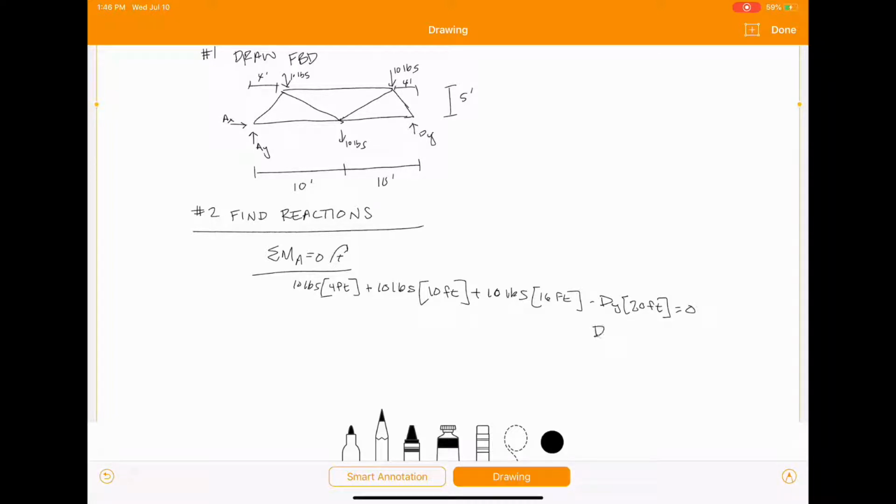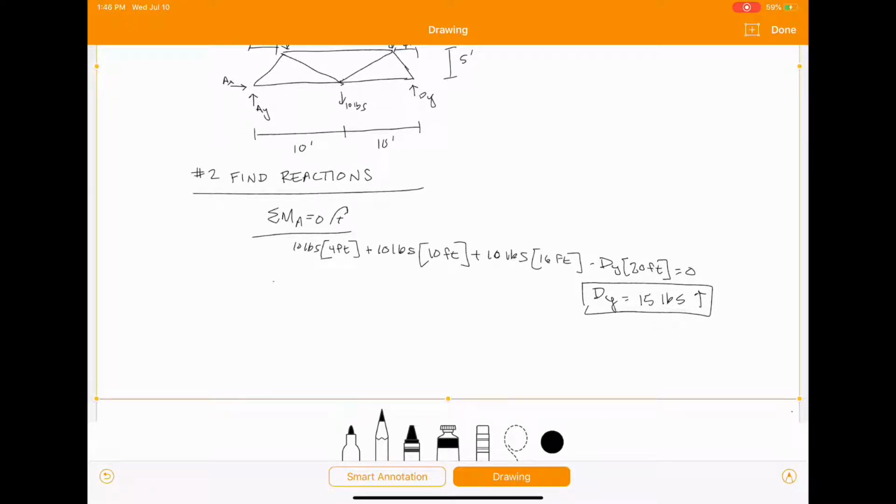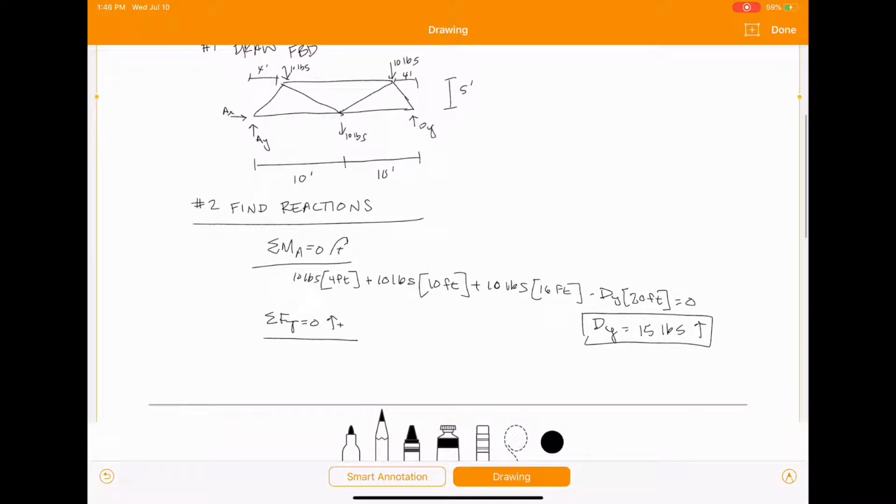So we can solve for Dy, and when I calculate that, I get 15 pounds going up. Now we can do our sum of forces in y equals 0, choosing up to be positive.